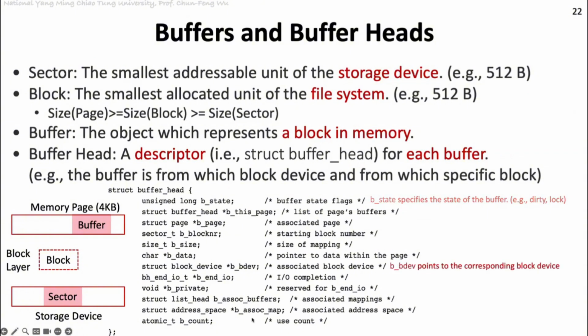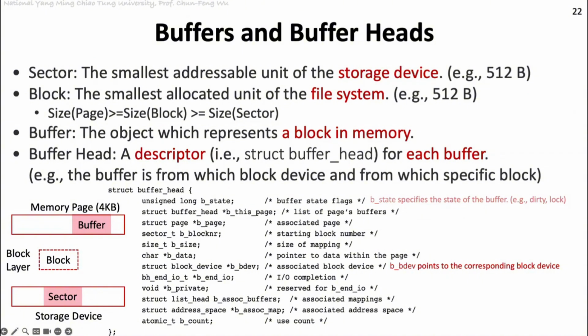The second one is b-block device. When you are going to read sectors from storage devices, they can come from more than one disk. One can be from a hard disk drive, another from a solid state drive, another from another hard disk drive.